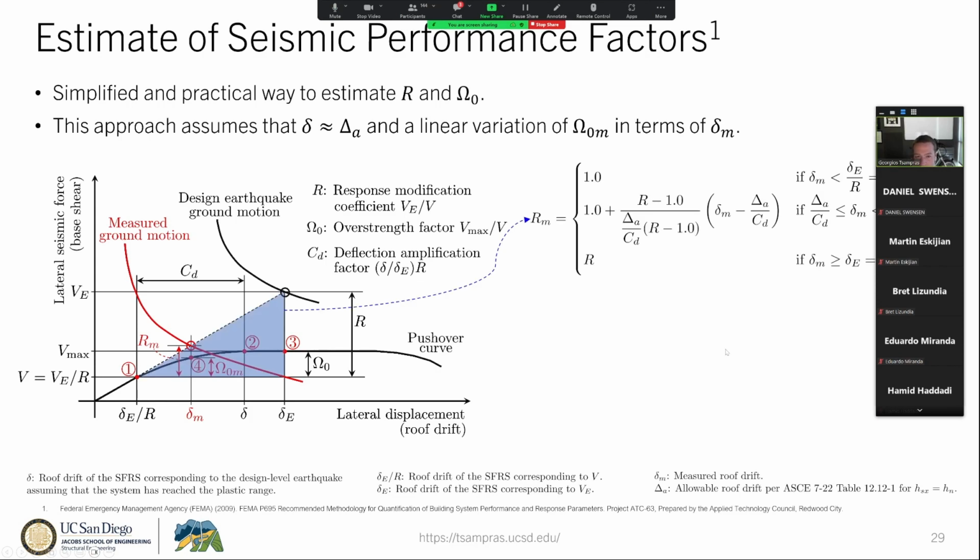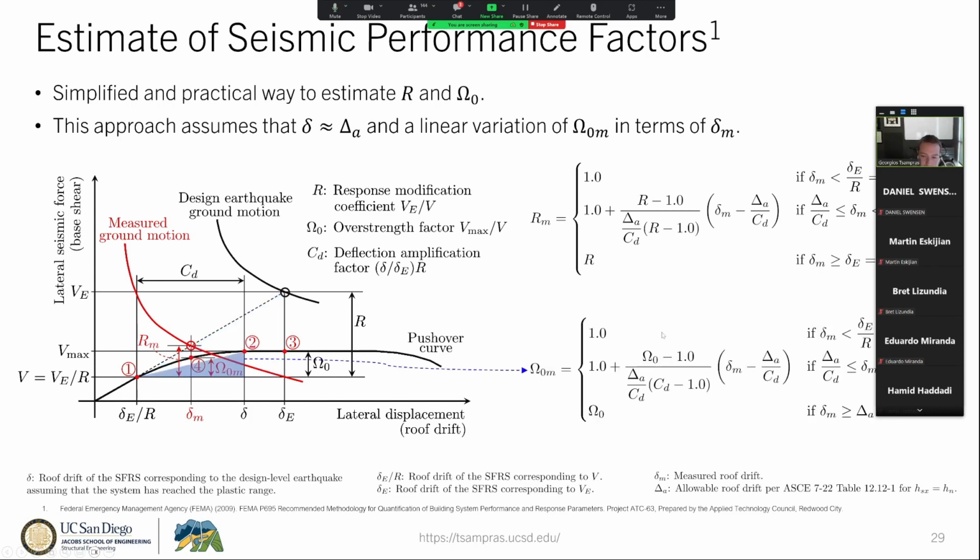And we can do that by assuming linearity of these response quantities, and we can compute essentially an estimate of the R and omega factor at the given intensity level that we have available based on our recordings.